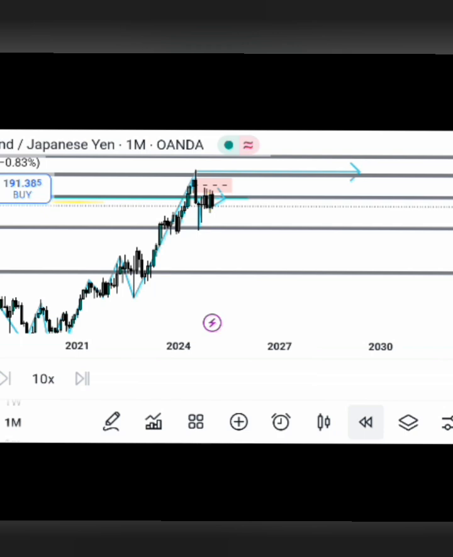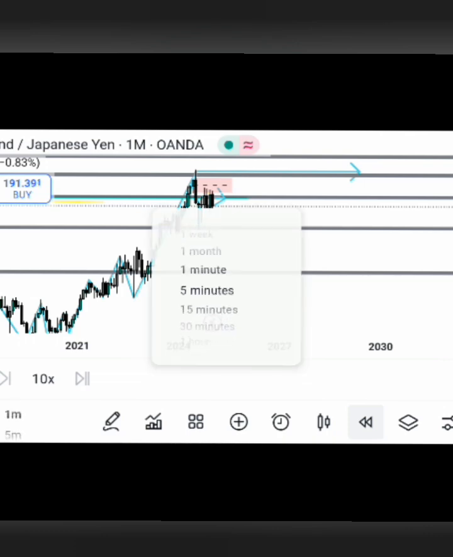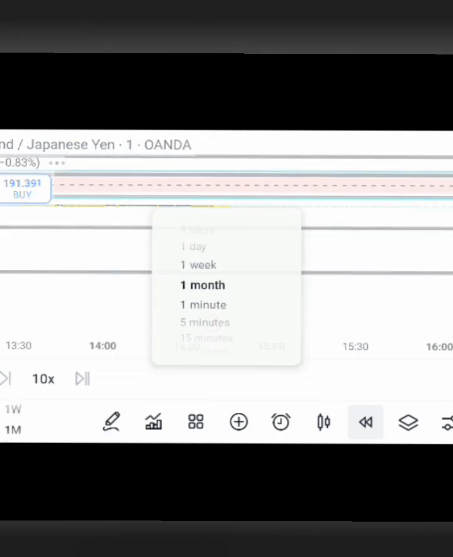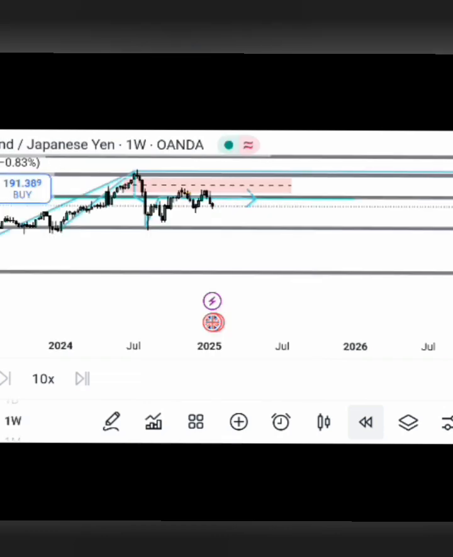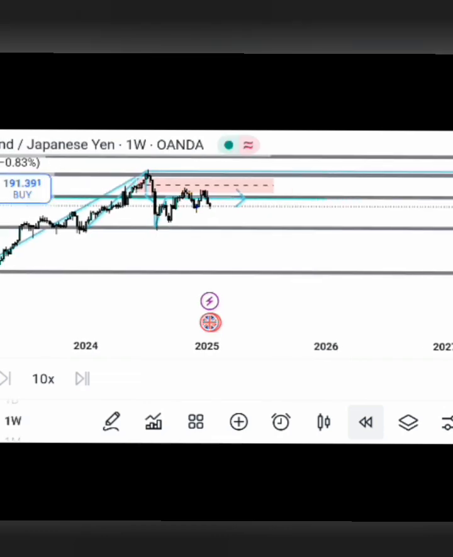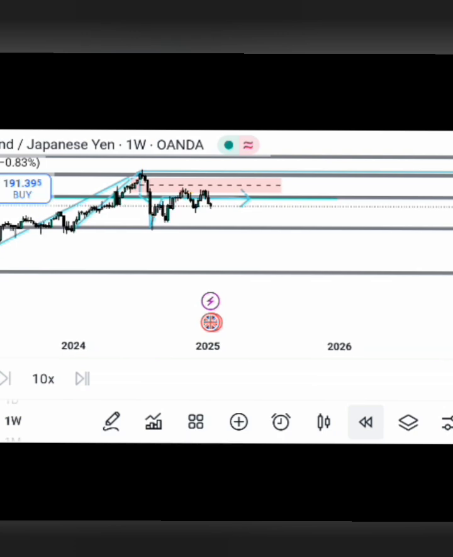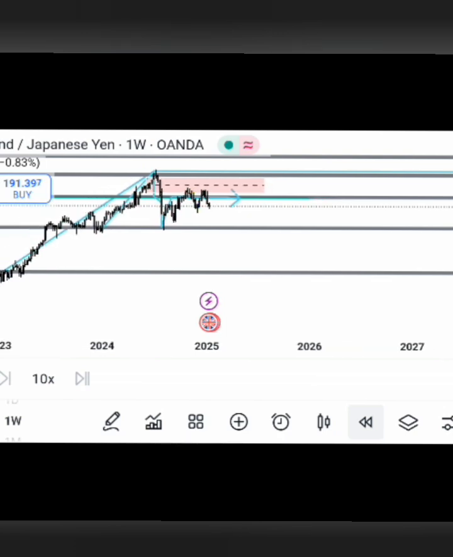So let's go down to weekly, isn't it? And see what happened in the week. So let's go down to weekly. Within 1 week, it means it takes 1 week for each candle to form. So good. You could see confirmation. Isn't it?